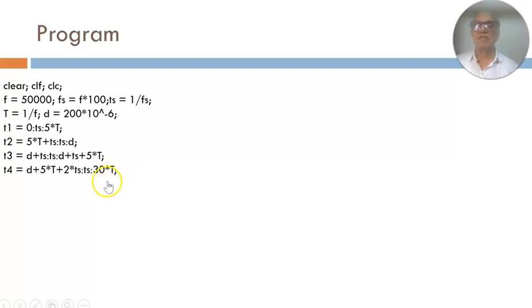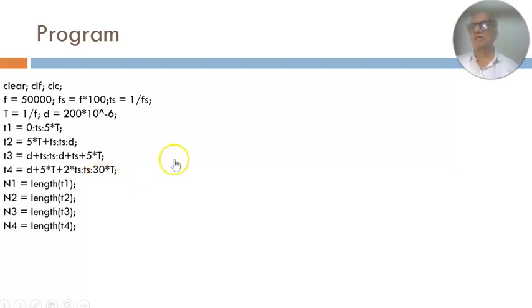As we said, our window is 600 microseconds. T is 20 microseconds, so 30 times T is 600 microseconds. Then you calculate the length of all these arrays: length of t1, length of t2, and so on. The reason for calculating the length, which gives you the number of samples in each time array, is that you can then appropriately put zeros wherever they are required.